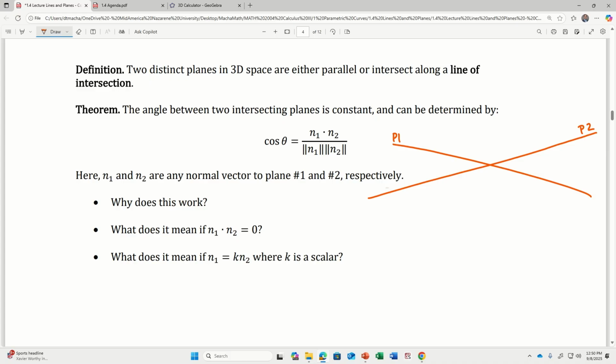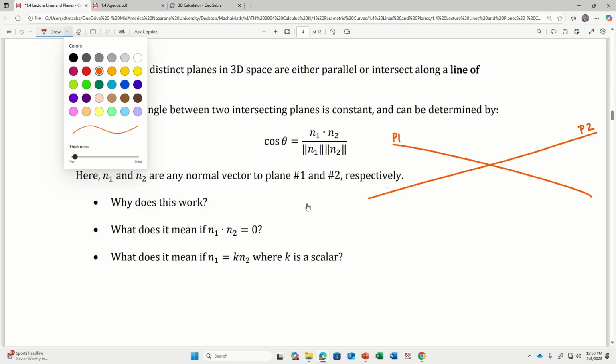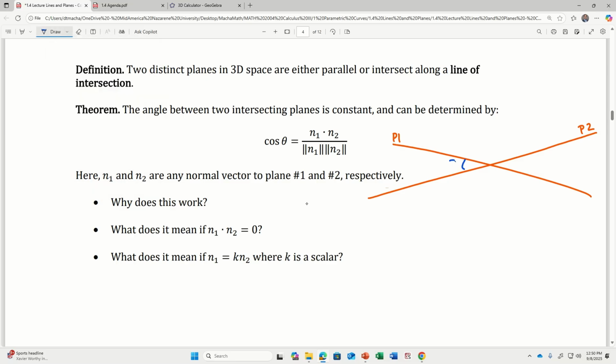You can always rotate your camera so that you can look down the line of intersection from your perspective. So the planes just become lines. And what I really care about is, what's this angle right here? That's the angle of intersection between the planes.